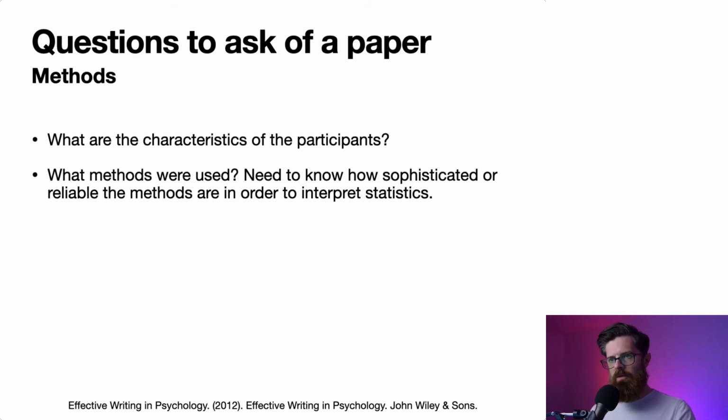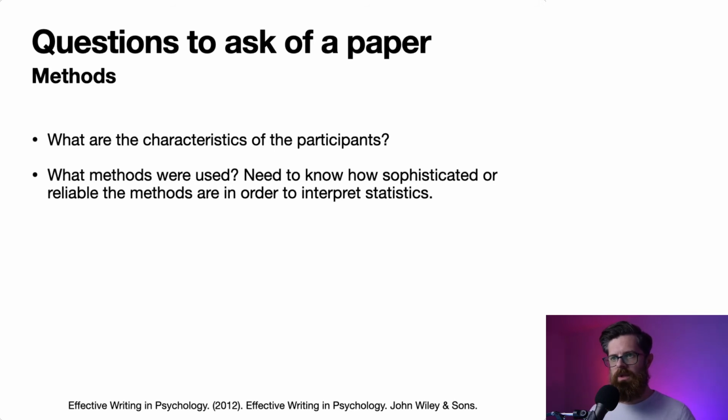Having a grasp of the methods that were used, I think, is quite important. Not just the big picture questions like, was this conducted in the lab on a computer, or was it a survey that was sent out to lots of people over the internet? If you can dig in a little bit further, of course, this very much depends on what the research question is.